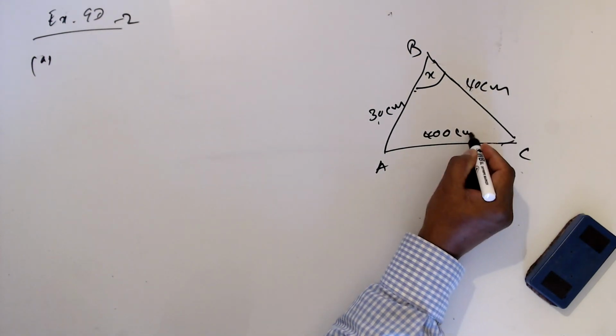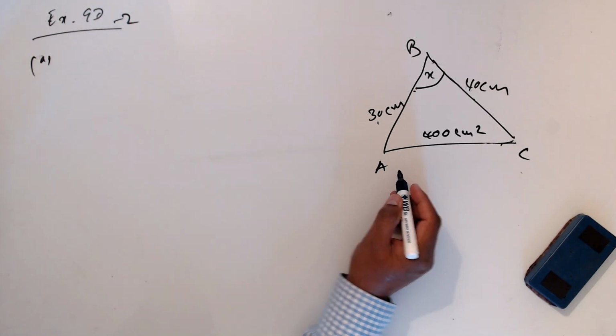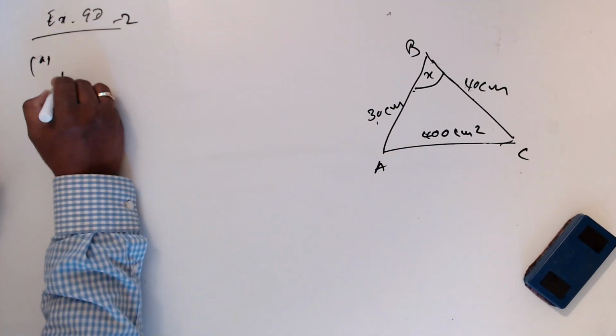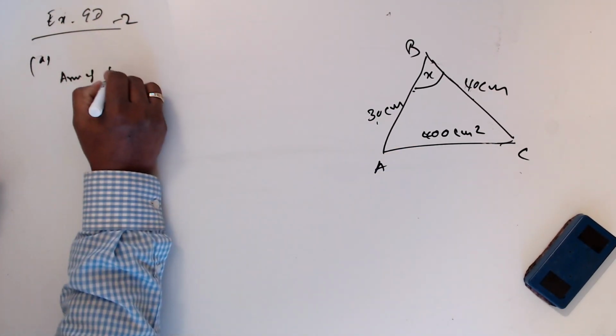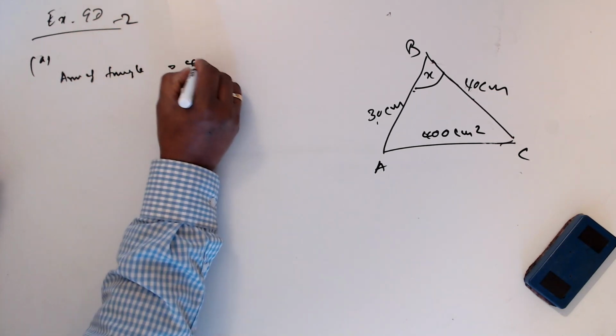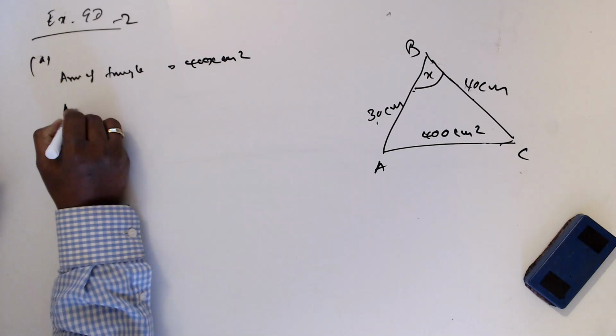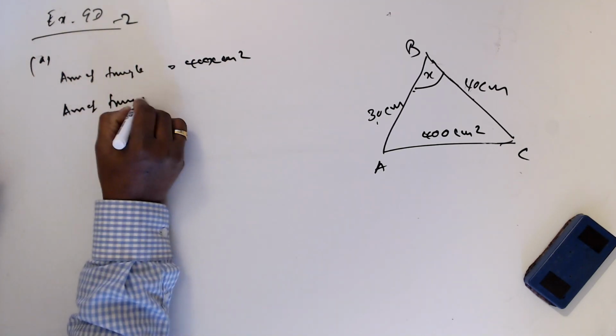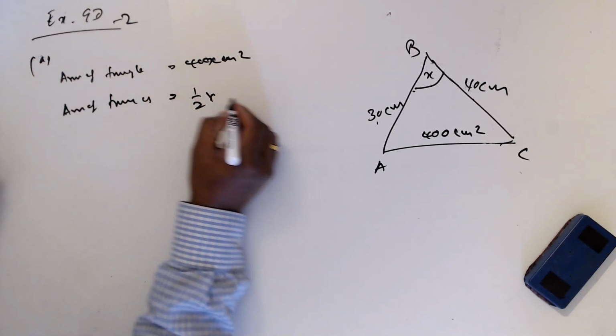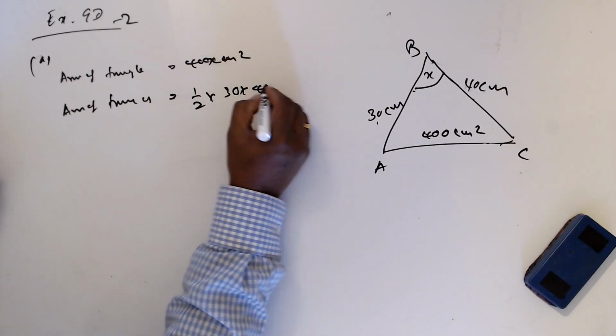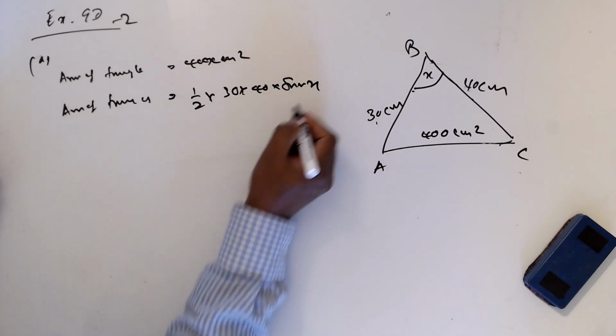So the area of triangle is 400 cm square, and area of triangle is half times 30 times 40 times sine x.